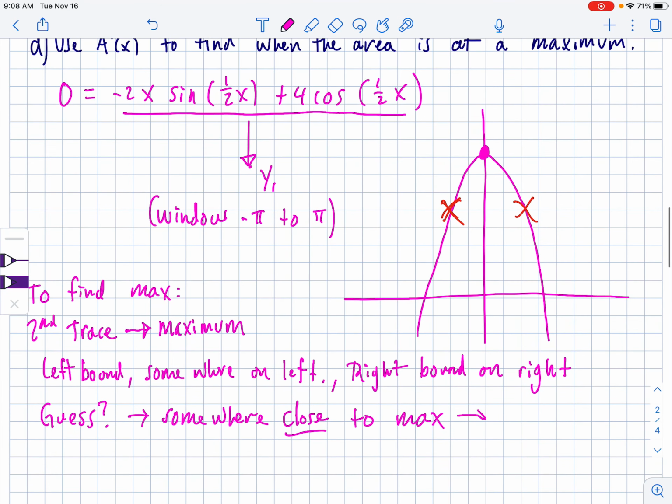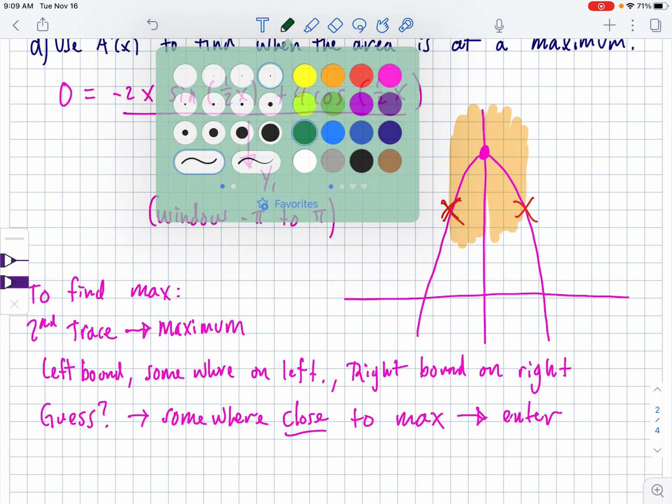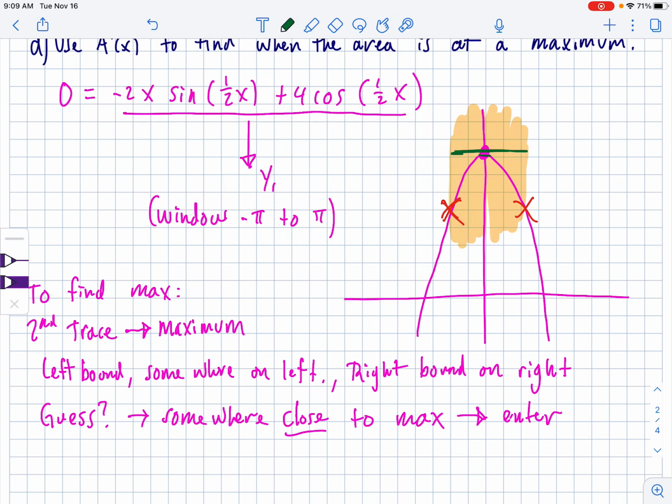You have to hit enter again, and then it's going to tell you the max. So what happens is that the left and right bound, the calculator starts looking only in between the left and right bound, and then it's going to tell you what the y value, the actual coordinate is of the highest point in between, which will be this one. When you do that, you get 1.72. So here, solving this, you get x is equal to 1.72.